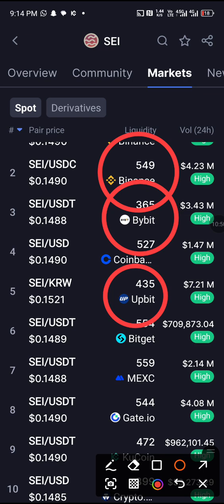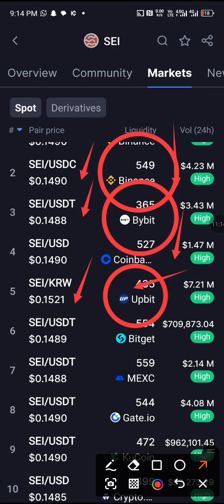Sorry, you can buy from Bybit or from Binance and sell on Upbit, because this is the only high price here now. This one is 0.15 and these ones are 0.1488 and 0.1490.